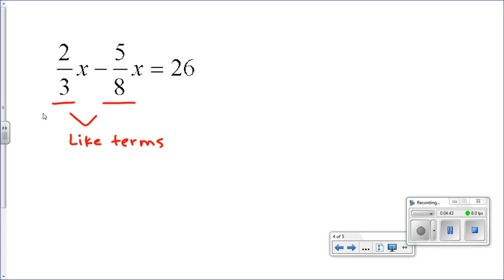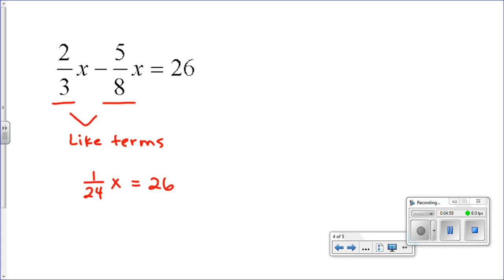We need to make sure that we keep these as exact. So change your decimal. If you get a decimal, change it back to a fraction. So when you do 2/3 x minus 5/8 x, you should get 1 over 24x.